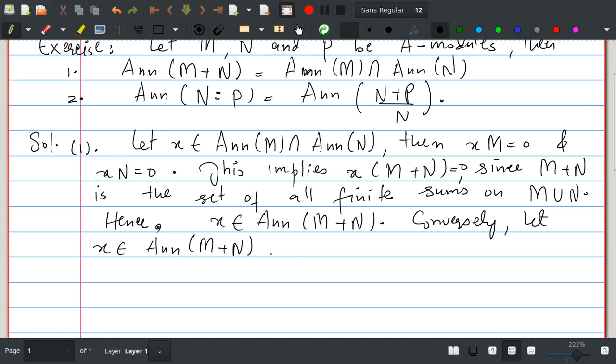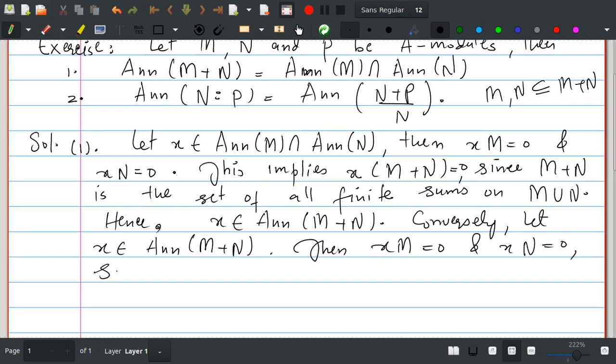Now note that M and N are both subsets of M plus N. So then xM will be 0 and xN is also 0.